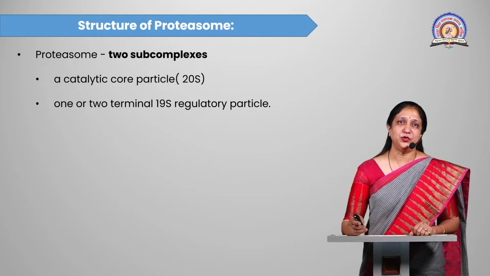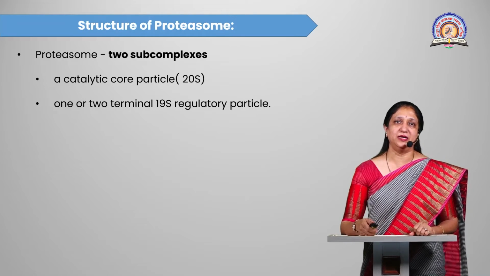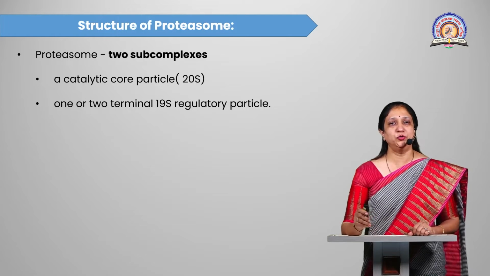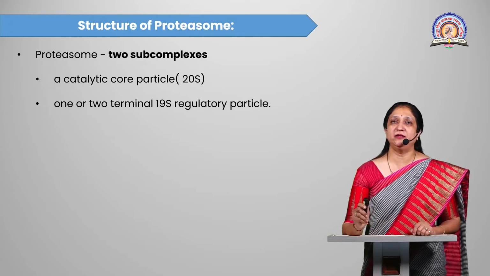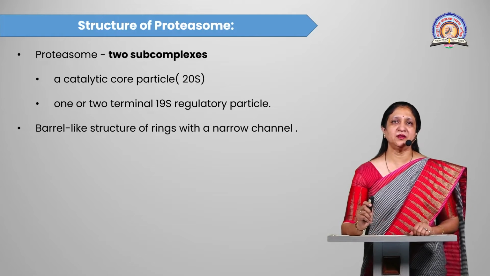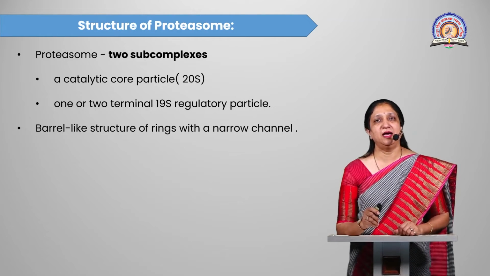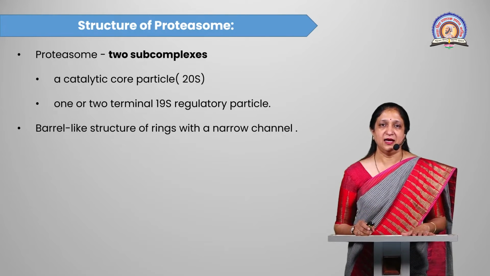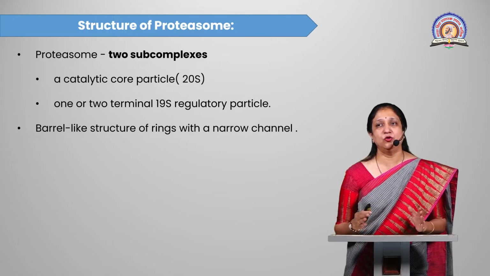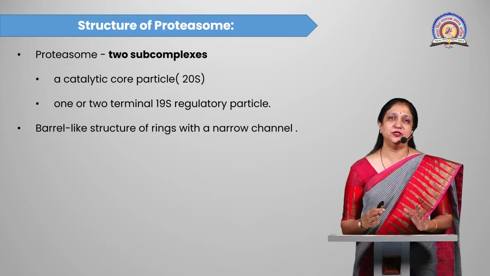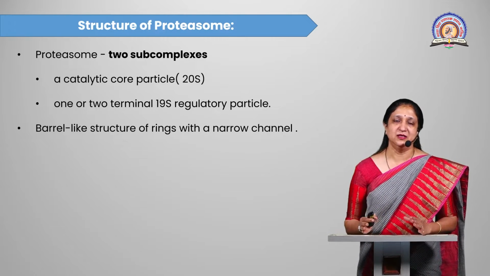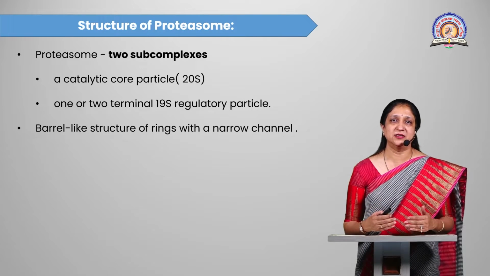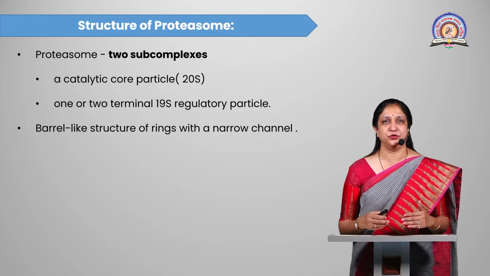The second subunit or second subcomplex of the proteasome is either one or two terminal regulatory particles. This regulatory particle has a sedimentation coefficient of 19S and acts as a door or a valve which opens and closes so that none of the untargeted proteins can enter inside the proteasome.